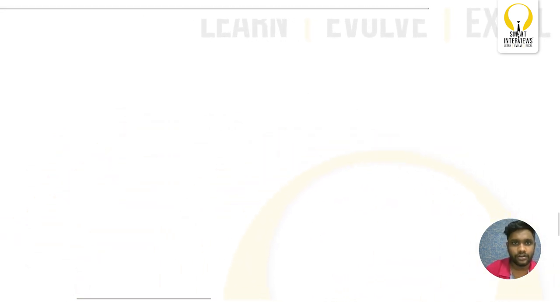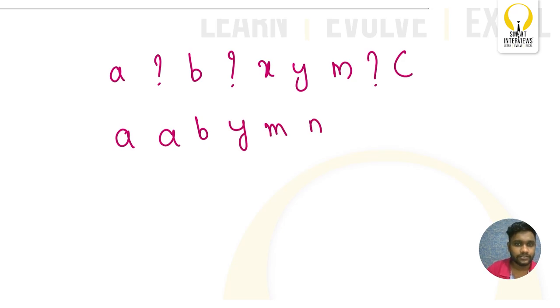So let's take a different example, something of our own. A question mark, A question mark, X, Y, M question mark, C. Let's say we want to make the string A, B, Y, M, N. As we discussed before, we'll start two pointers P1 and P2 here.